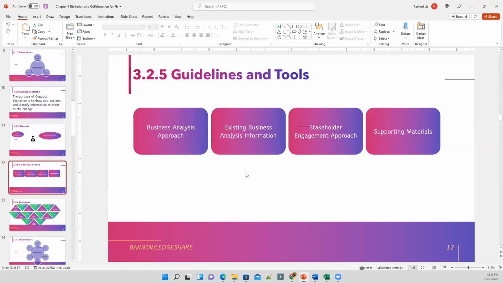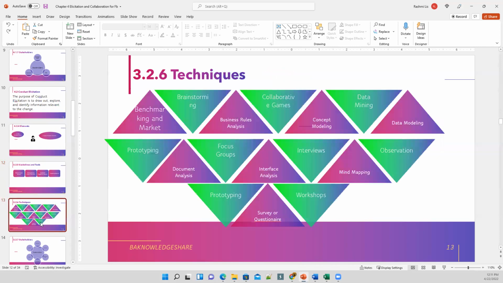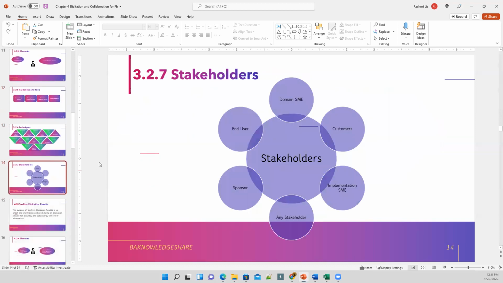Guidelines and tools for conducting elicitation activities are business analysis approach, existing business analysis information, stakeholder engagement approach, and supporting materials. I won't go into techniques in too much detail, but there's a whole bunch of techniques that can be used during this. Highly recommend that you go through the BABOK guide to read through.